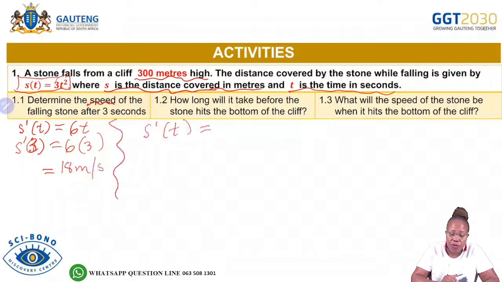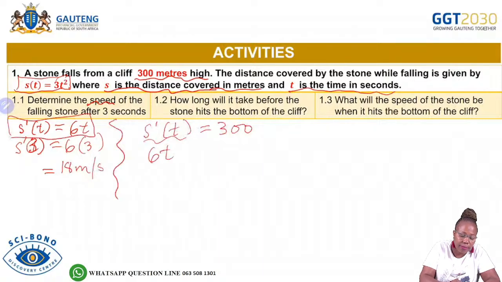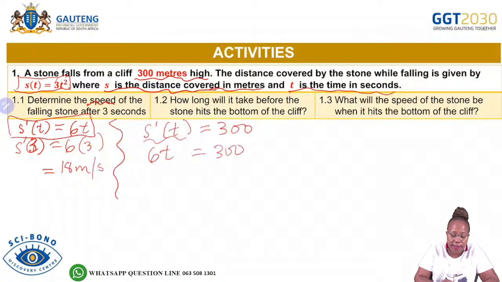But now in order to hit the ground, this must have covered the 300 meters. So we want to see how long it will take. So remember the derivative of this is 6t. We have already calculated that. That will be equal to 300 meters.